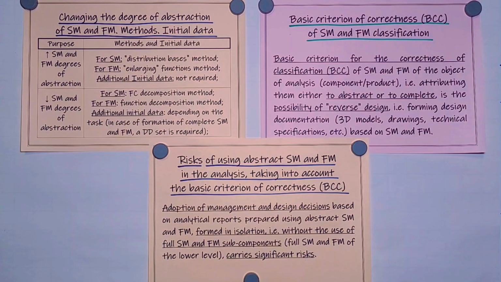In more detail, cases of using abstract and complete structural and functional models in the activities of departments corresponding to the blocks of the training course on cost engineering will be considered in practical cases.